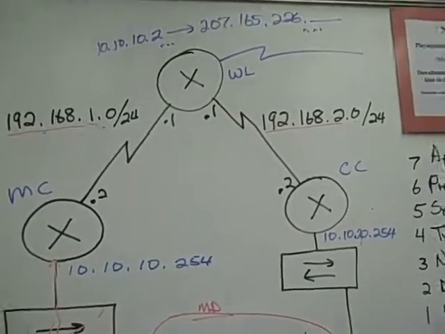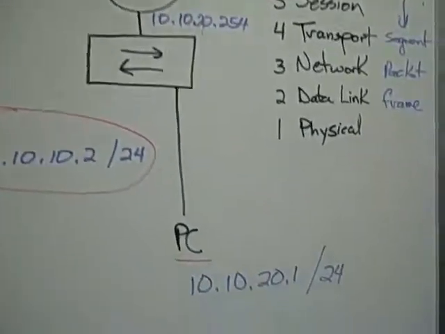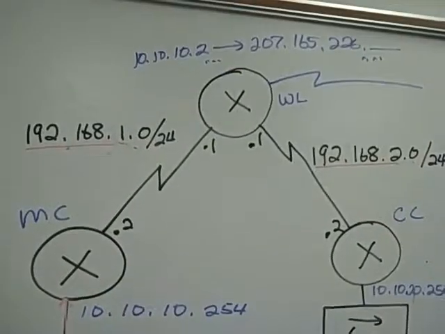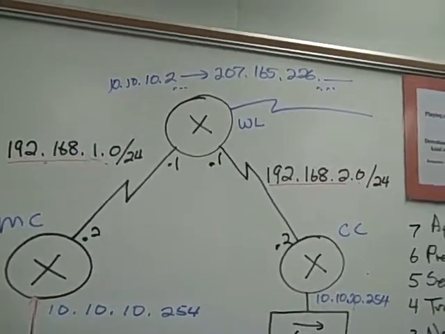And we know from enough of our previous work, there's no way this LAN could ping this LAN at this point because we don't have any of the appropriate routes in the routers. And so here's how we managed it.